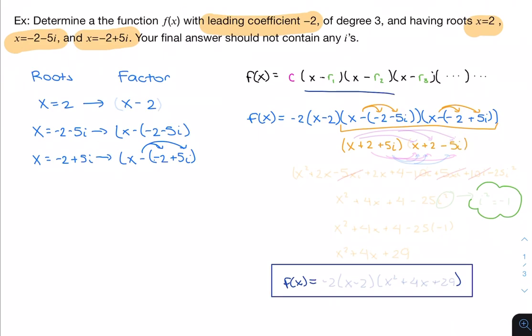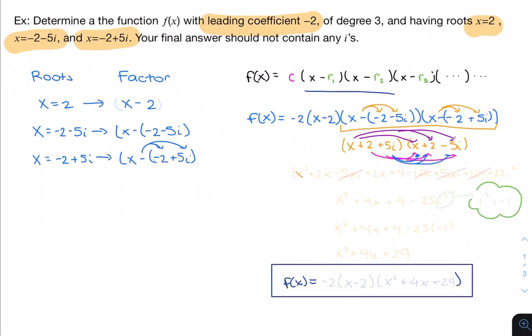All we did is distribute the negative signs. Since we still have i, we're going to want to keep distributing: the x to the x, to the 2, and to the negative 5i. And the same thing for the 2. We're going to distribute 2 to the x, 2 to 2, and 2 to negative 5i. And the same thing for 5i. We're going to distribute 5i to x, 5i to 2, and 5i to negative 5i.